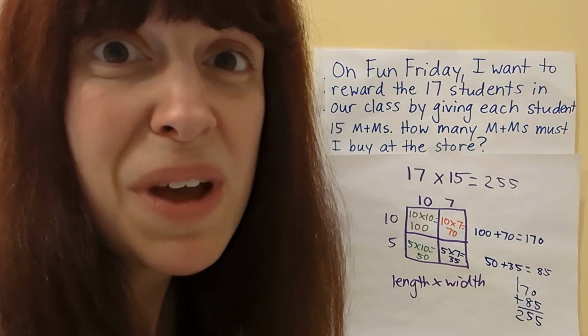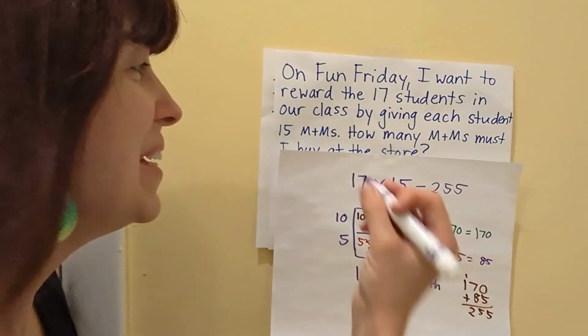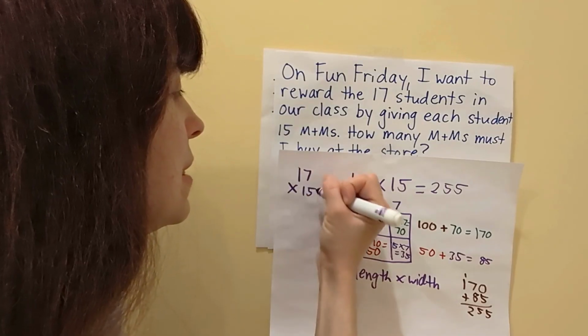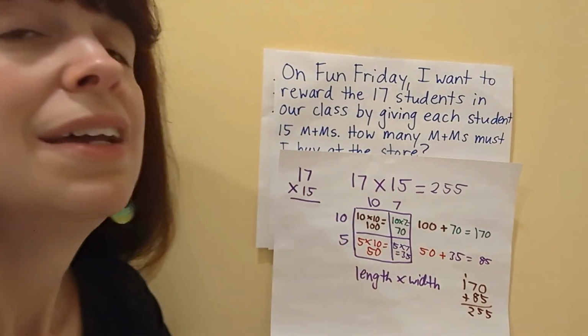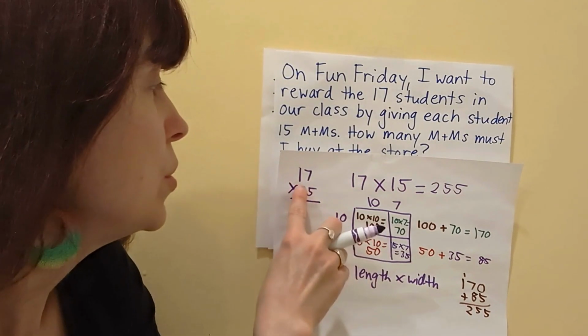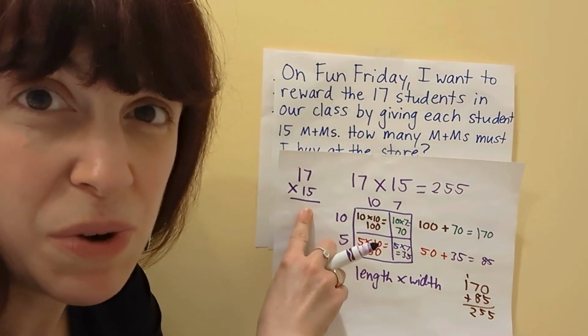Now there's one more way that we can check Ivy and Addie's work using partial products. We can rewrite our equation as 17 times 15. Now we're going to use our area model to figure out how to solve this equation with partial products.